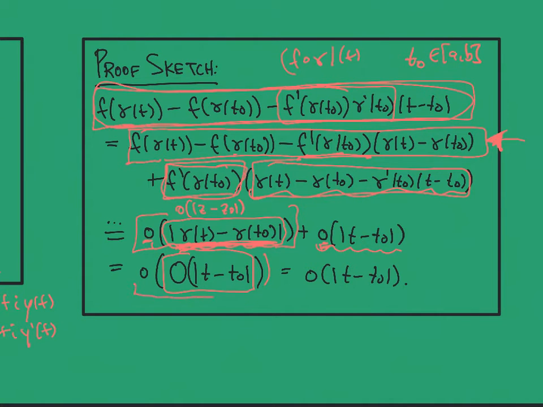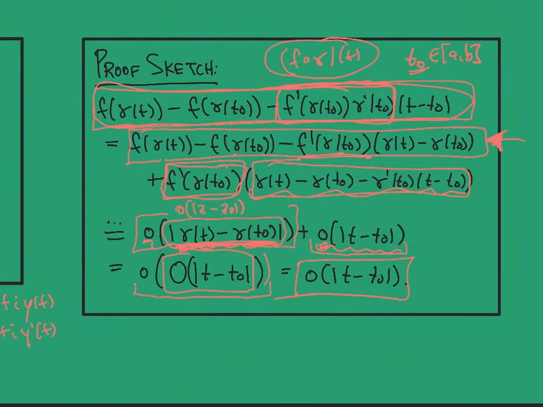That'll still be little o of t minus t naught. And if you add the same type of error term, it doesn't change it. So it's still little o of t minus t naught. So that's just a sketch of how you would show that f of gamma of t's derivative at t naught is what we claimed it was.